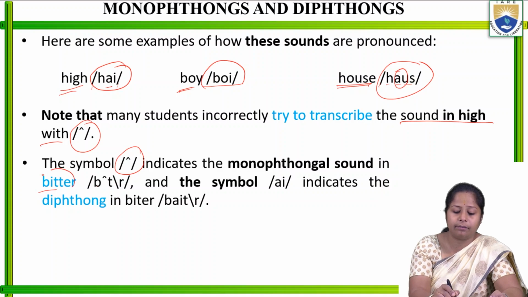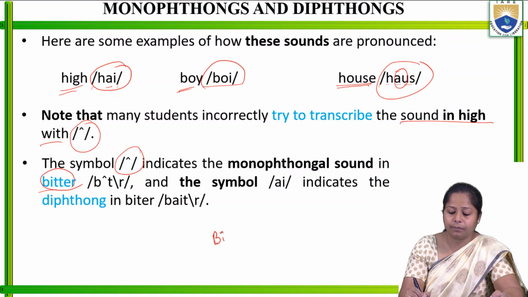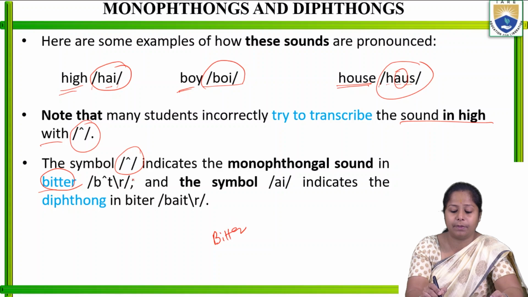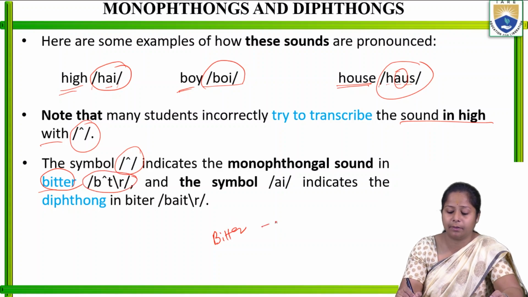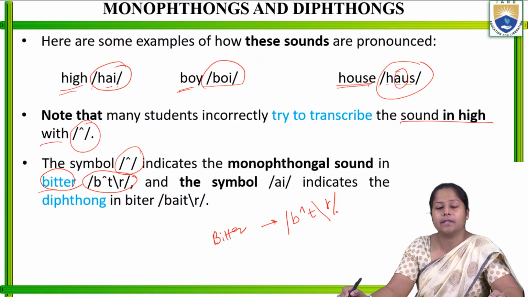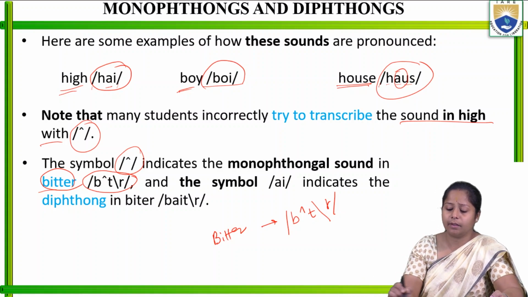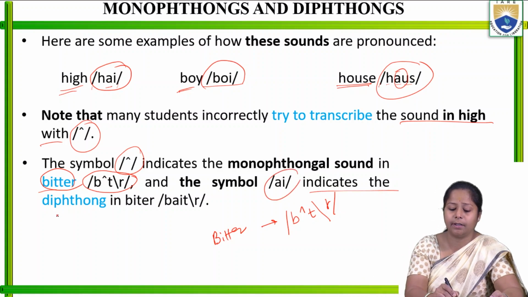For example, whenever we write bitter, the transcript will be written like this, with the caret sign, then a small r. So that is the transcript for that. The symbol AI indicates the diphthong.